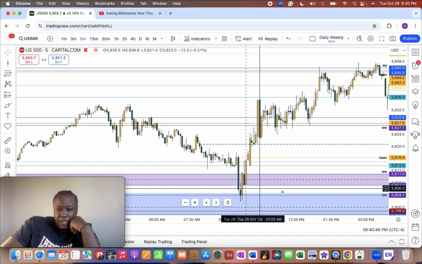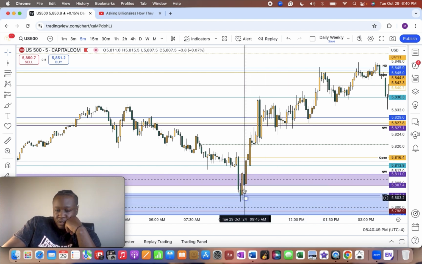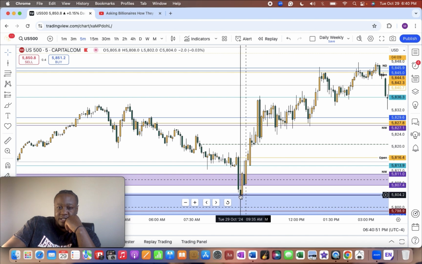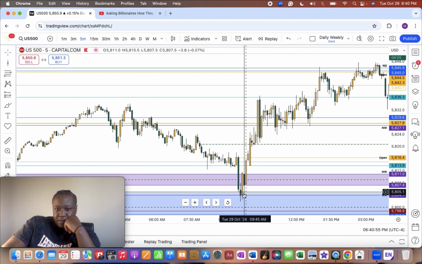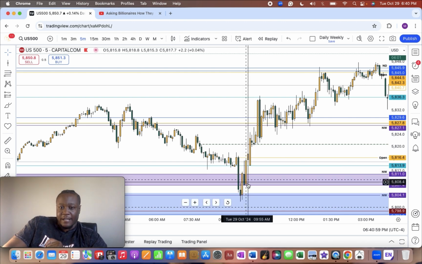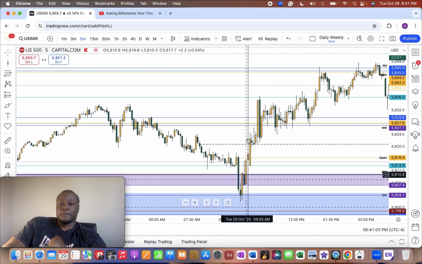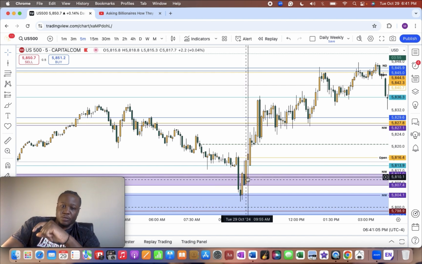And look how the bodies of the candles are just respecting this level right here. Also, just look at how it's respecting this week's new week gap, perfectly. So right here, 9:50 entry. So we're at a new week level.